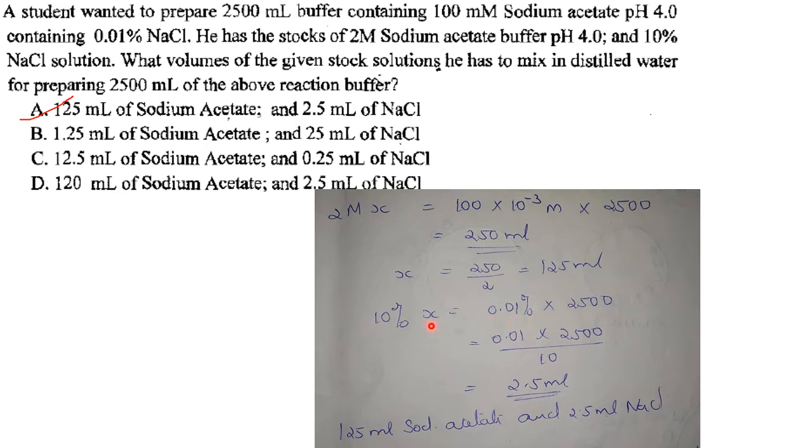So from the 10% stock, to prepare 0.01% in 2500 ml, you take 2.5 ml of NaCl. So you require 125 ml of sodium acetate and 2.5 ml of NaCl. So the answer is option A.